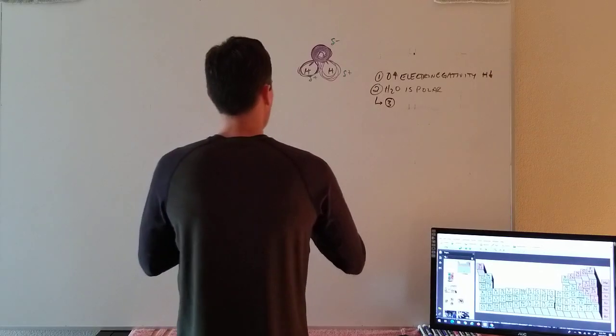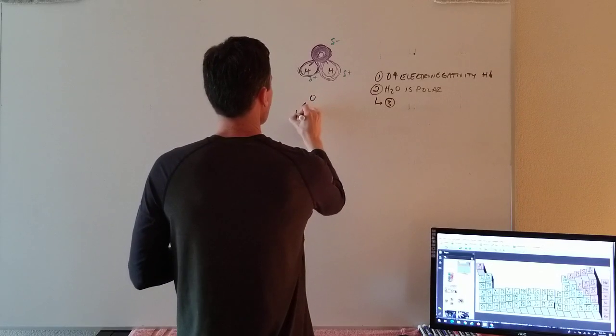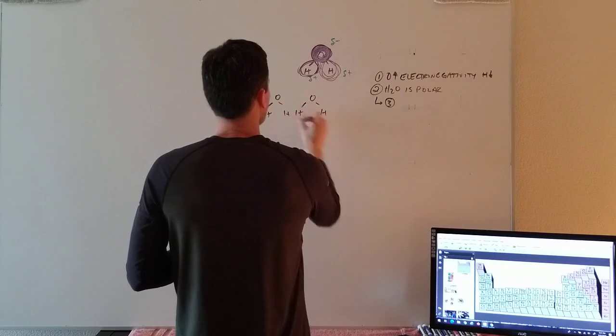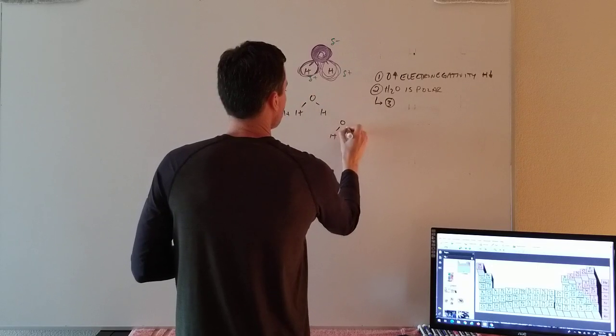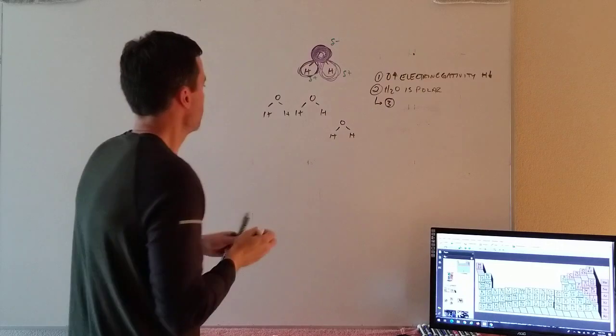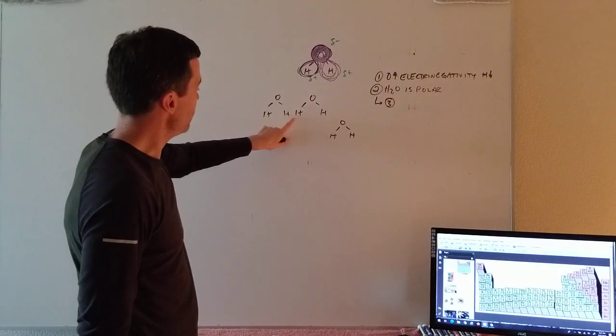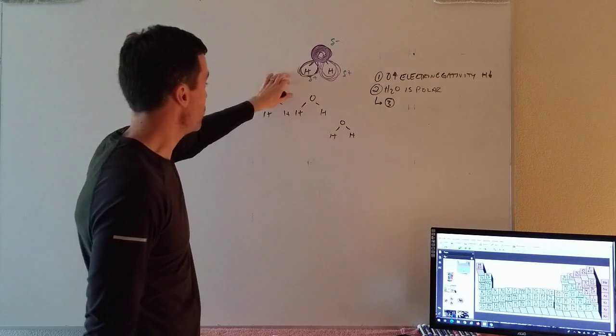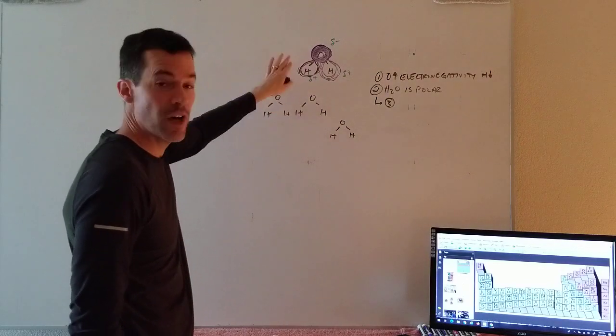So if I've got a few water molecules next to each other, here's one, here's one, here's one. That hydrogen and that hydrogen, they're both slightly positive. They'll repel each other. So that water molecule will actually move up or move down, or this guy will move up or move down.